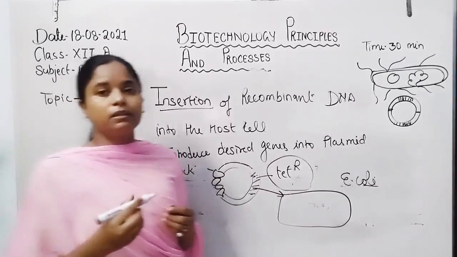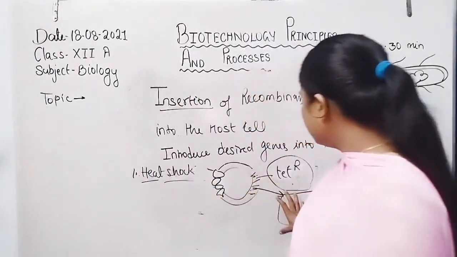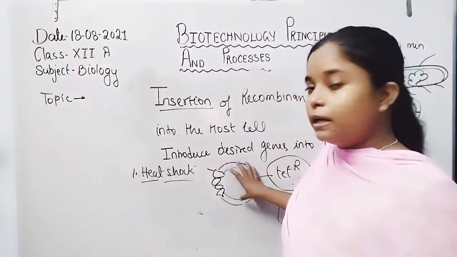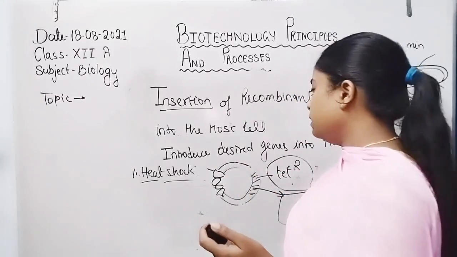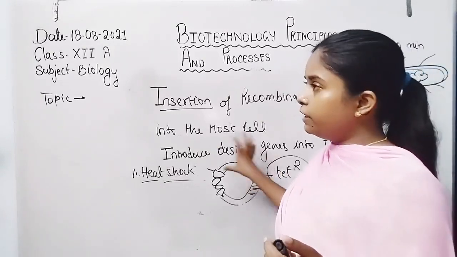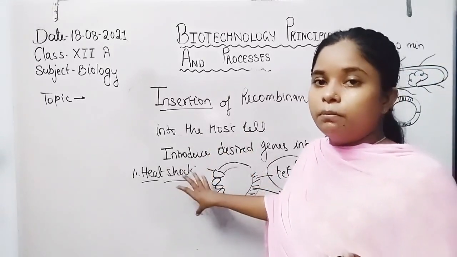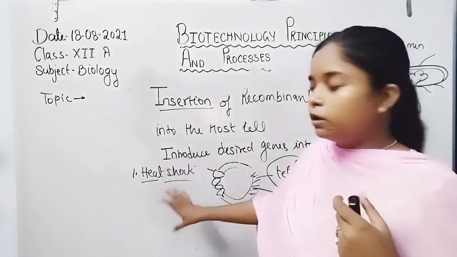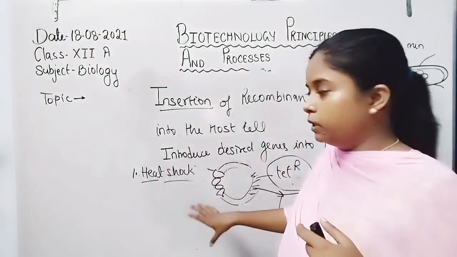The heat shock method is a simple method. In the medium which has our recombinant DNA and E. coli bacteria, first we chill that medium, then provide heat at 42 degrees centigrade, then again chill that medium.